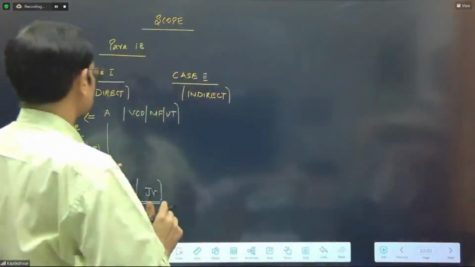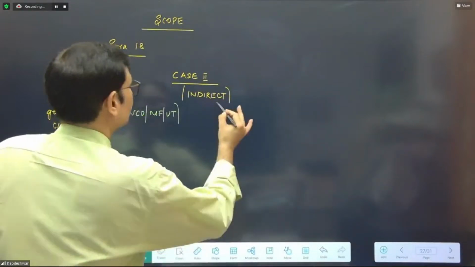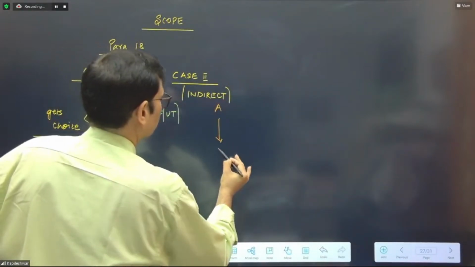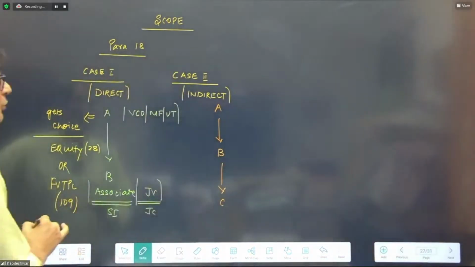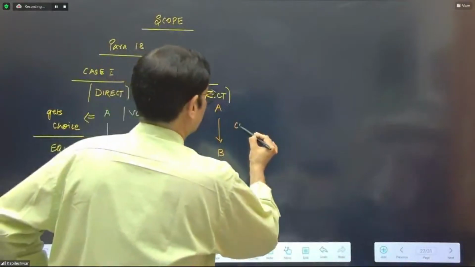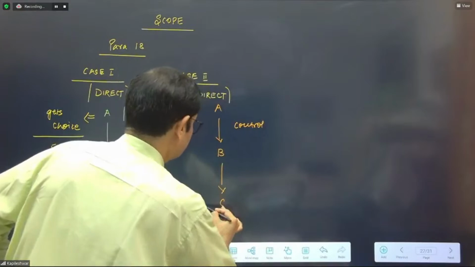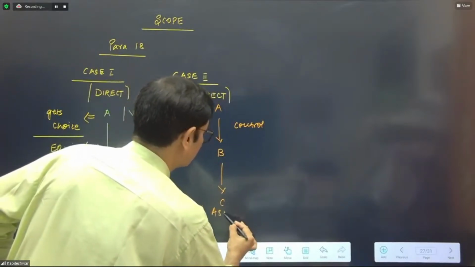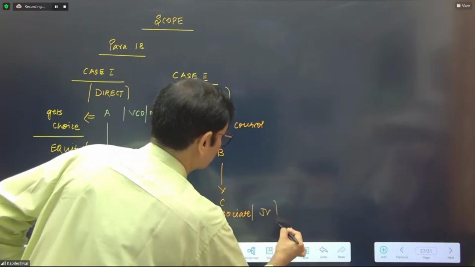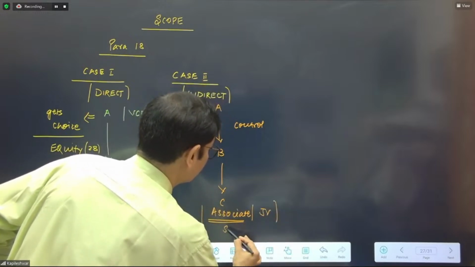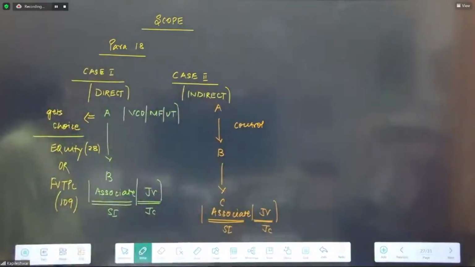Case two. We are considering another case, and that is A in B and B in C. Now here again, you need to have a control over B, and C is supposed to be either an associate or a joint venture, either of the two. So either B has a significant influence or a joint control resulting in a JV.